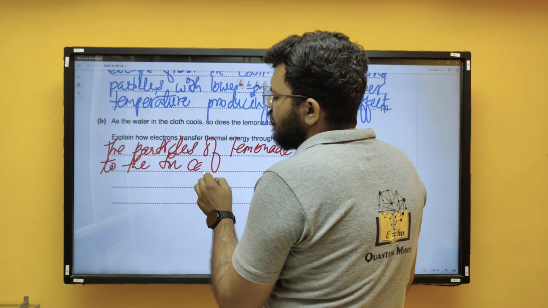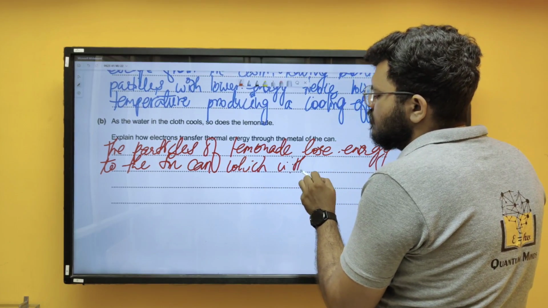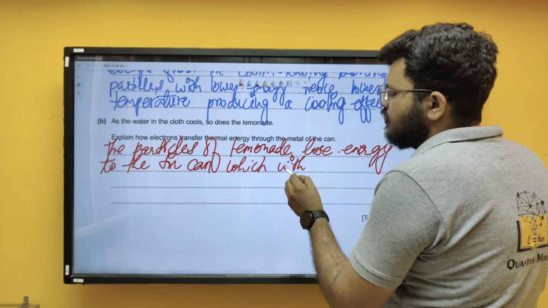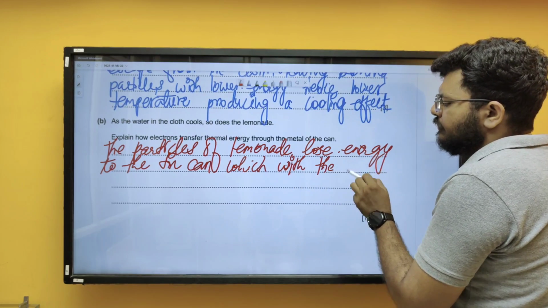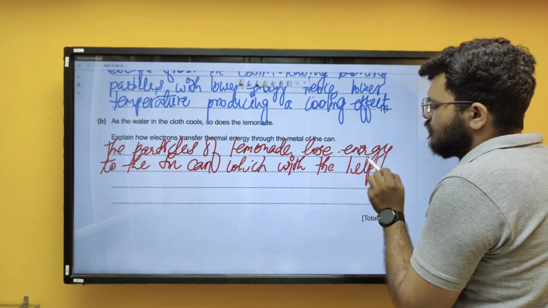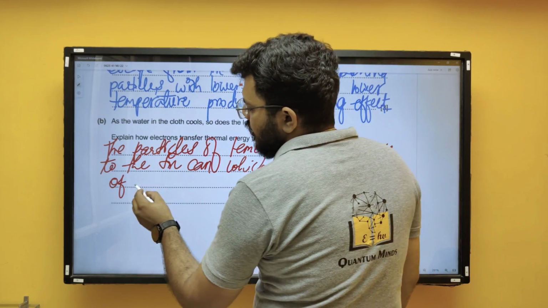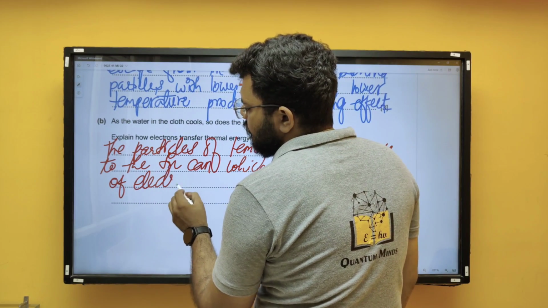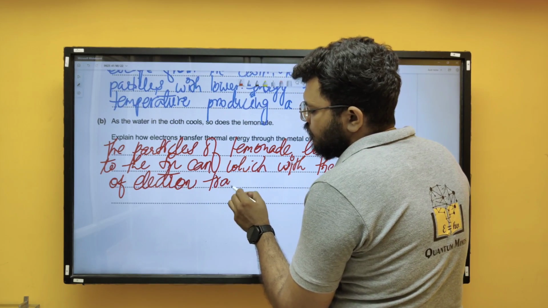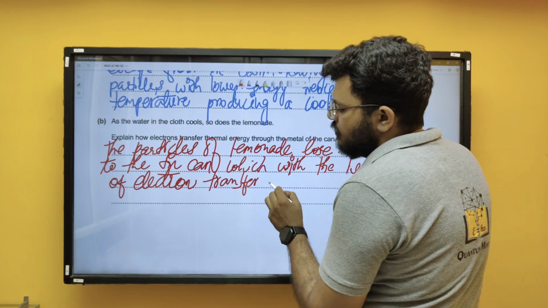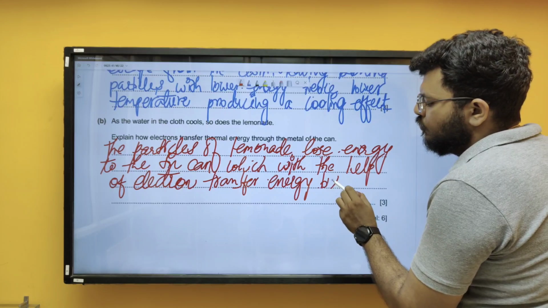The can is made of tin, which with the help of electrons transfer energy by their movement, right?